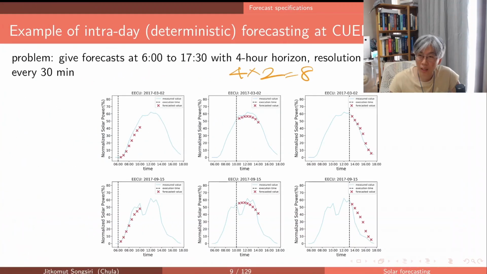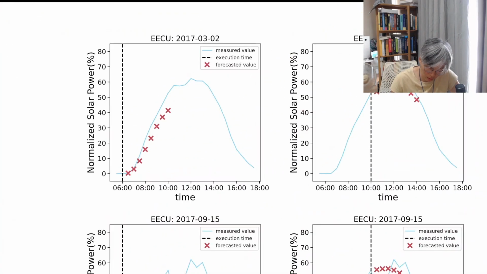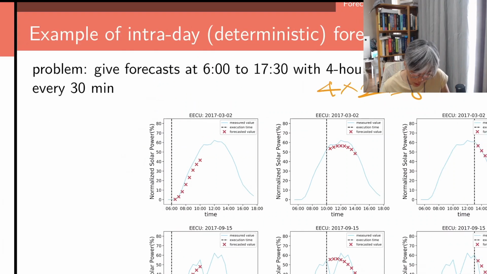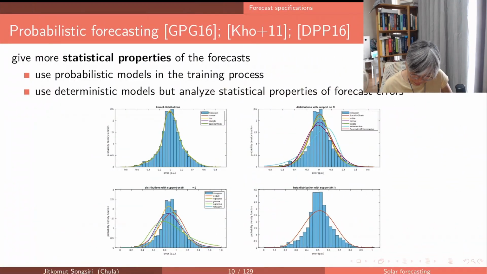Now, on this slide, this is an example of deterministic forecast, or point forecast. You give an approximate value of your variable, which in this example is solar irradiance. On the other hand, the probabilistic forecast is to give you statistical information, and there are many ways.